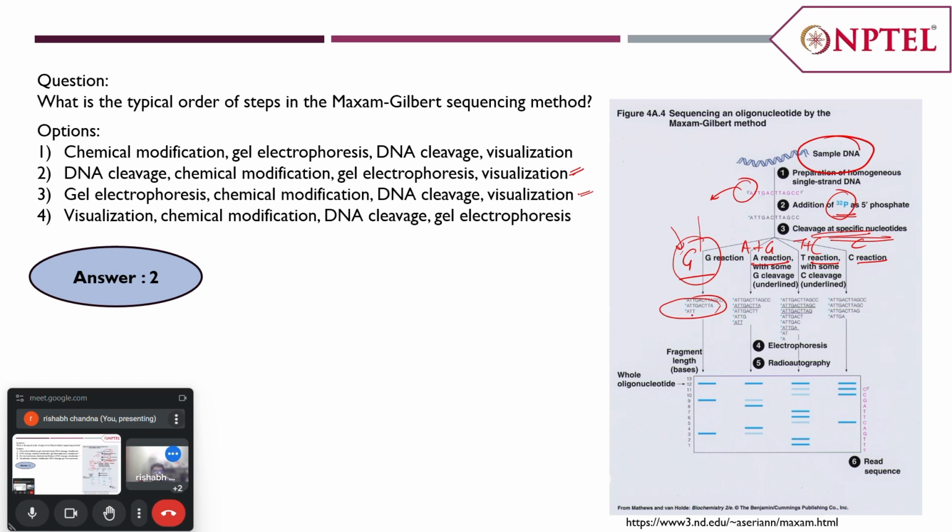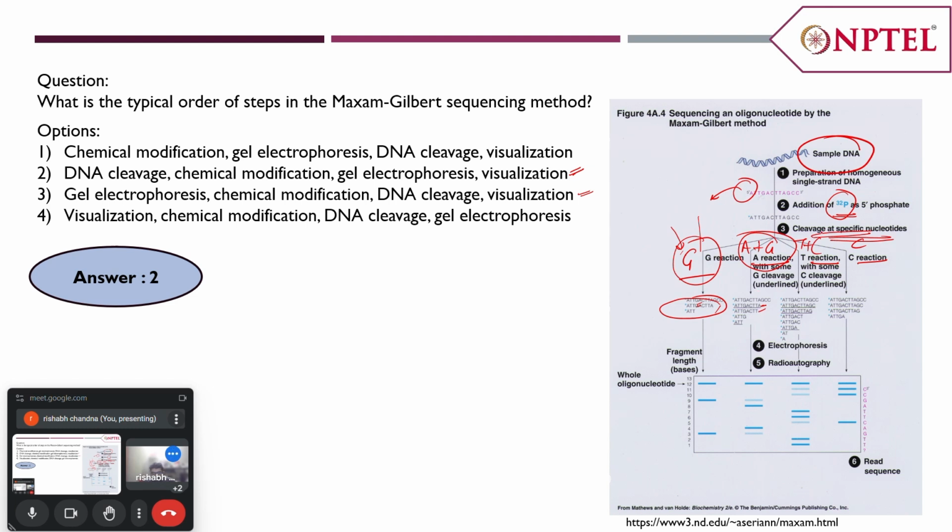So we'll get a band wherever G will be present. Then in the second case, where A plus G is present, that means the chemical is specifically recognizing A and G. So wherever in the sequence A and G would be present, the band will be formed, both at A as well as at G position.